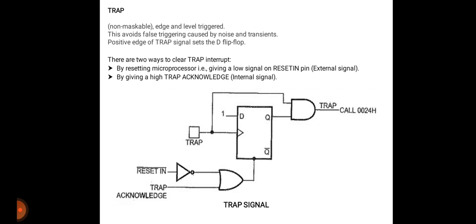The first one is by resetting the microprocessor, that is, giving a low signal on the reset pin, and the second one is by giving a high TRAP acknowledgement as an internal signal. By using these two ways, we can clear the TRAP interrupt.